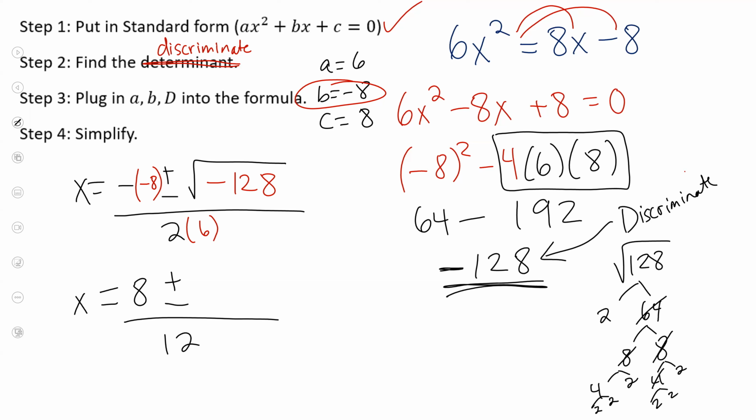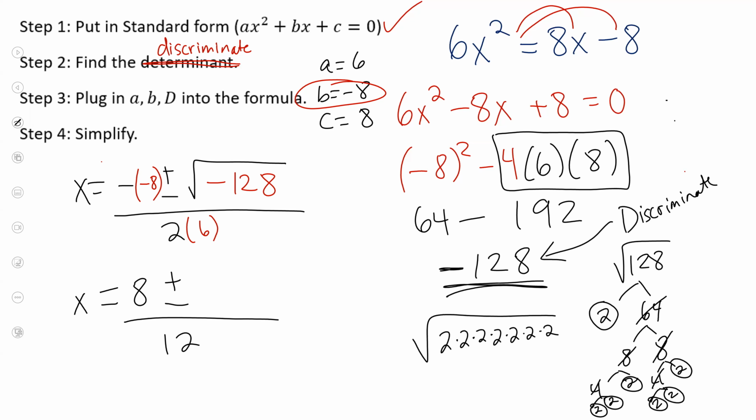Okay, so let's circle this because this is a lot. We have 1, 2, 3, 4, 5, 6, 7. I'm going to have 7 2s. It is 8 square roots of 2.